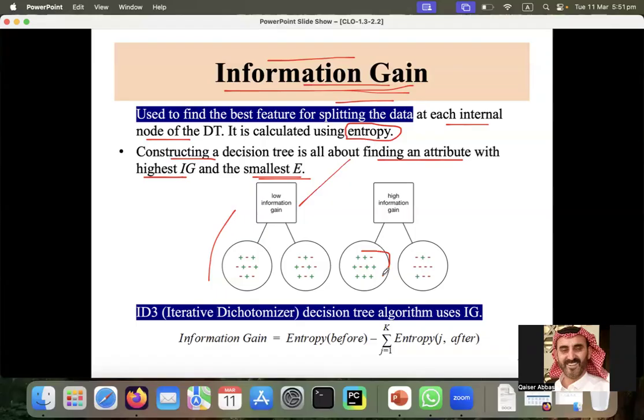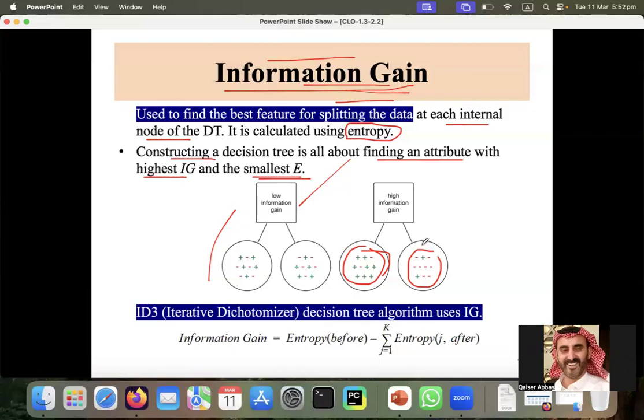So now you have an idea that in this split, we have one category more as compared to the other category. And here we have the negative category more in numbers as compared to the other category. This is called the majority.